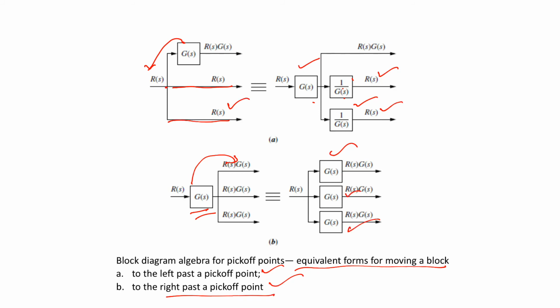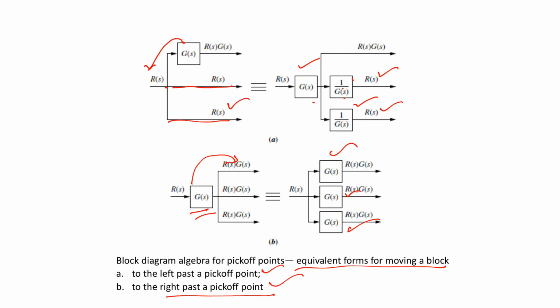So in this way the output forms are created so that the output signal remains the same. It remains identical whatever be the arrangement of these pick-off points and this summing points we have done, but the output signal must remain same in this case.